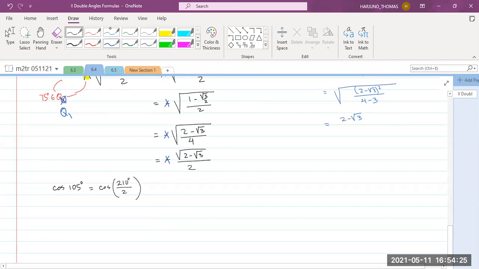Even though you can also see 105 degrees as 60 degrees plus 45 degrees, right? You can also do that. Now, this is equal to negative square root of 1 plus cosine 210 degrees over 2. Like that. That's what I meant earlier, and then so on and so forth.